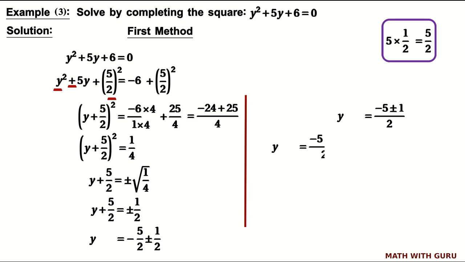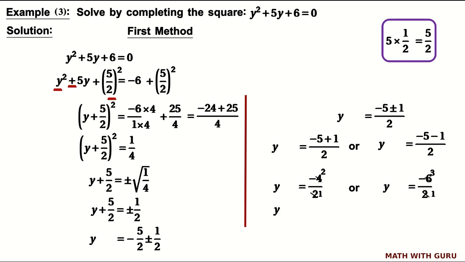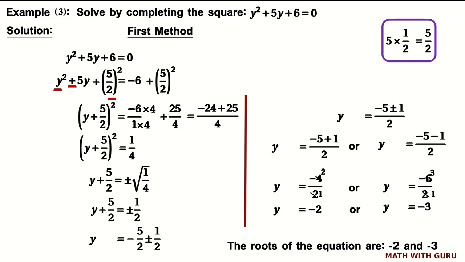The two values of y are (minus 5 plus 1) over 2 or (minus 5 minus 1) over 2. y equals minus 4 divided by 2 or y equals minus 6 divided by 2. 2 ones are 2, 2 twos are 4. Again 2 ones are 2, 2 threes are 6. y equals minus 2 or y equals minus 3. The roots of the equation are minus 2 and minus 3.